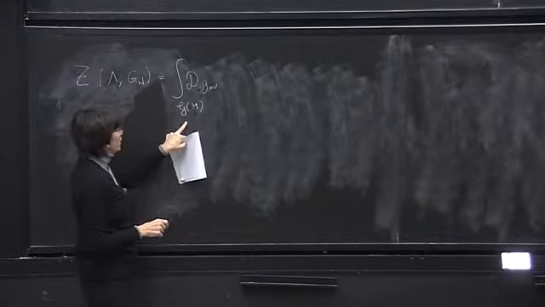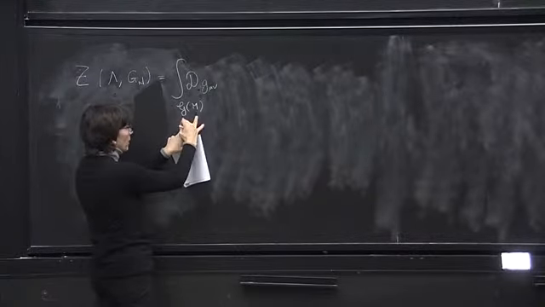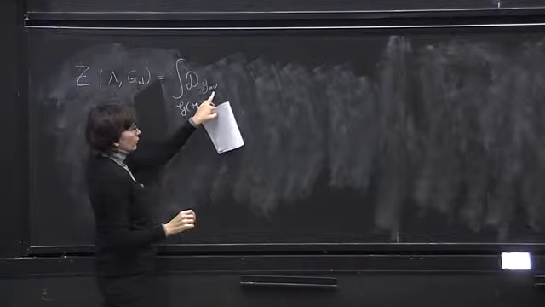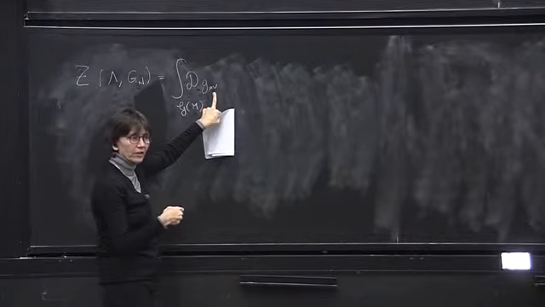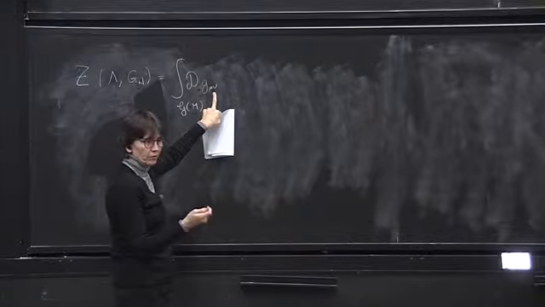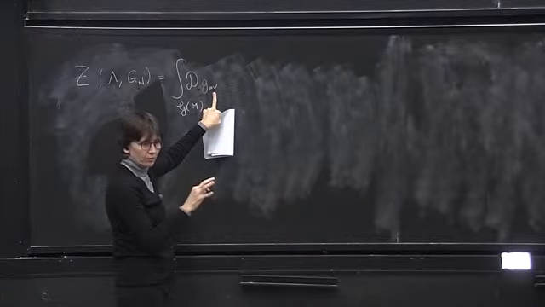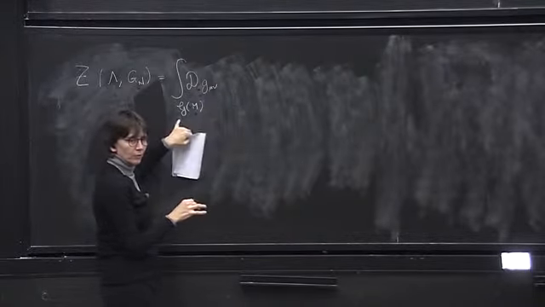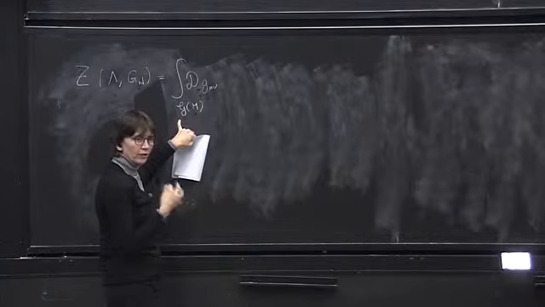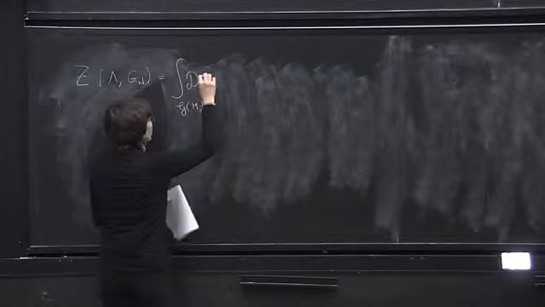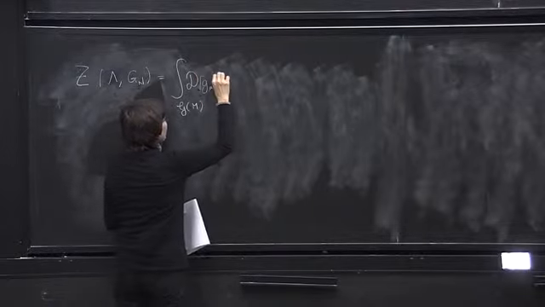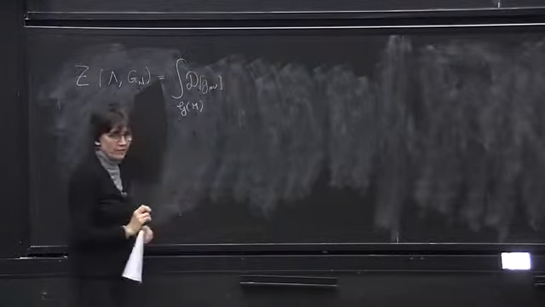Now, what is usually meant here is not the metrics themselves, because as we saw, they carry gauge freedom. There is redundancy in the elements of the metric, but what one really wants to integrate over are physically distinct configurations. And that usually is indicated by this notation with square brackets.